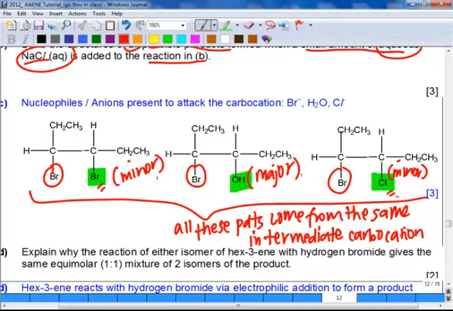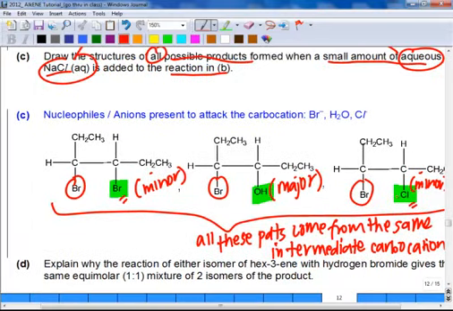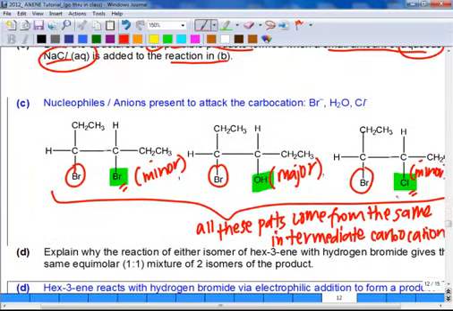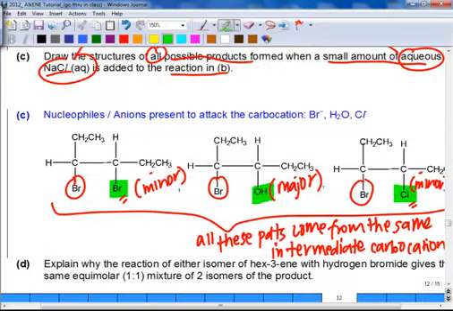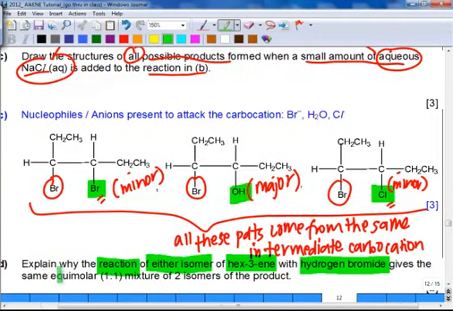Okay, class, can I move on to part D already? Yes, can? Okay, for part D, they say explain why the reaction of either isomer of hextriene with hydrogen bromide gives the same equimolar mixture of two isomers.